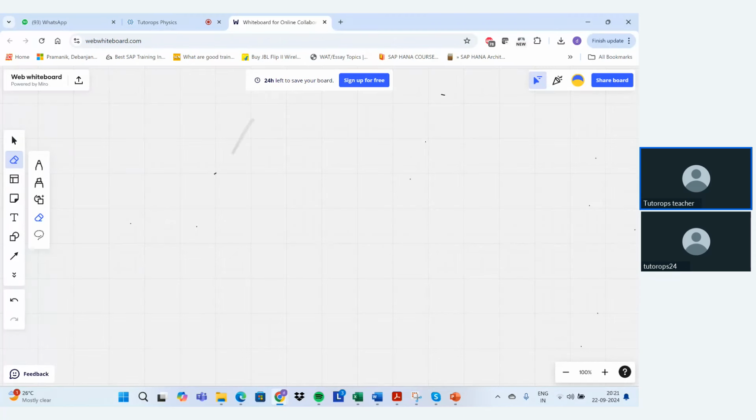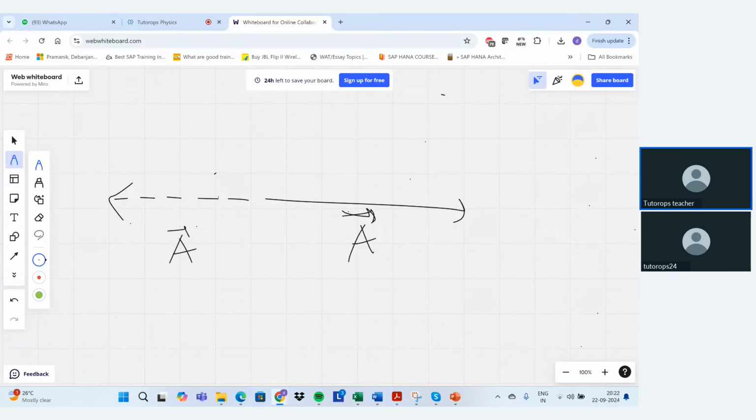For example, this is my vector A. Now if someone says I want to go in the negative direction of it, this will be my negative vector. So if this is my A, this is also my A vector, but this is the negative vector, towards the opposite direction.